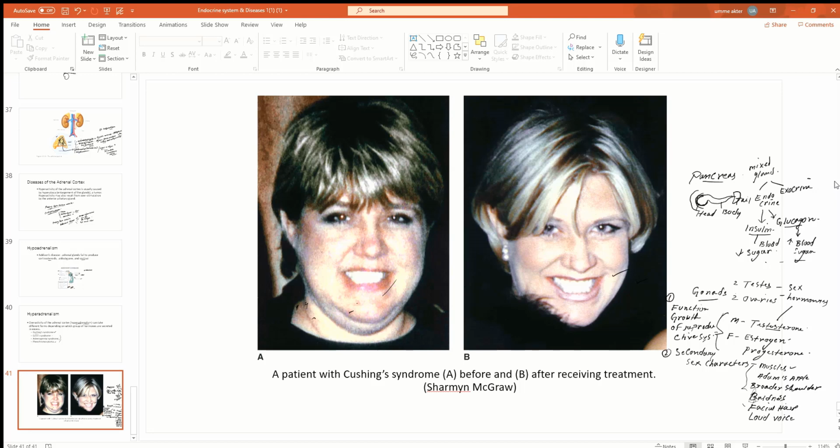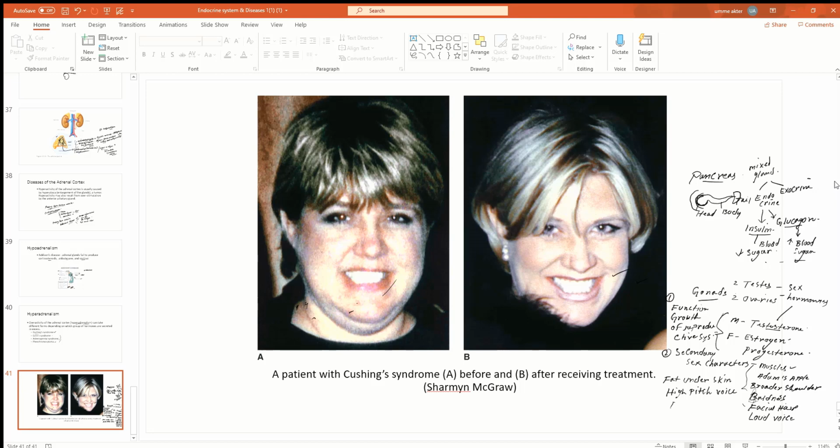Female secondary sex characteristics include subcutaneous fat, that is fat under the skin. Okay, high pitch voice, right?